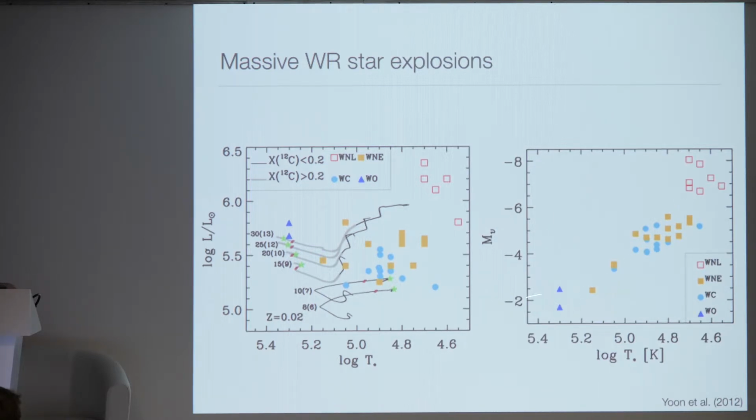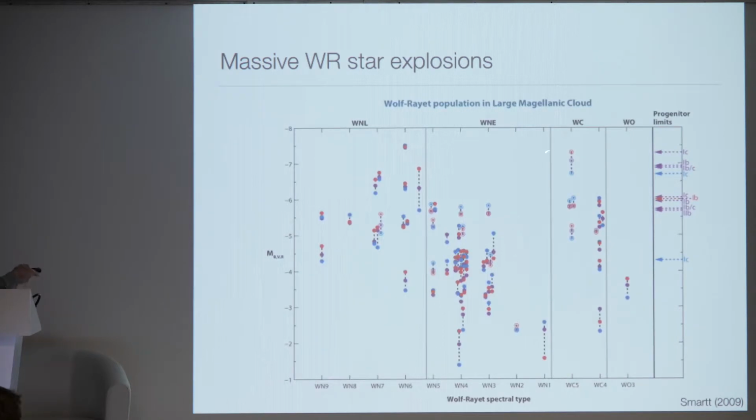So in the end, when a massive Wolf-Rayet star explodes, it should be extremely faint in optical, and should be observed as something like WO stars. They compare many different kinds of Wolf-Rayet stars, but they should evolve this way as they get closer to the time of explosion.